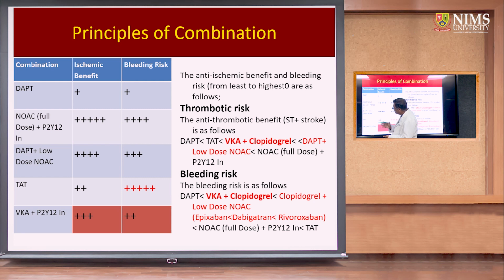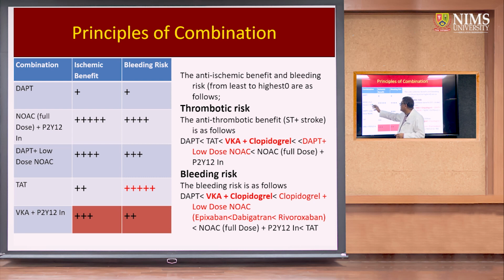But suppose you want more anti-ischemic benefit, because the risk is higher. For example, if you are doing angioplasty in an MI patient who is not properly controlled, with multiple more lesions, then what can you do?